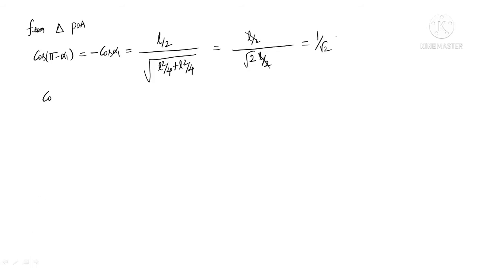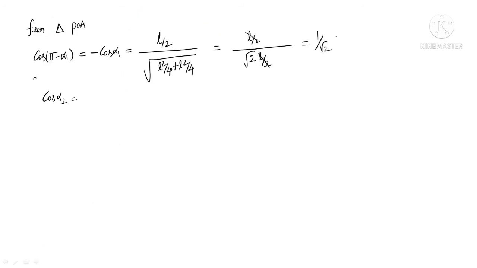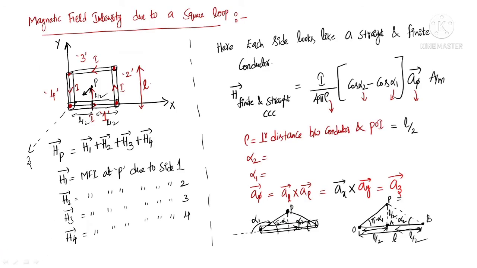Similarly, cos alpha 2. How can you get cos alpha 2? From the triangle PBA, cos alpha 2 is equal to, what is cos alpha 2?